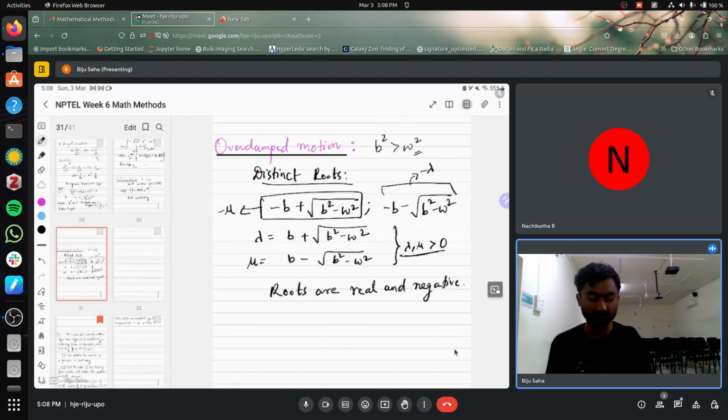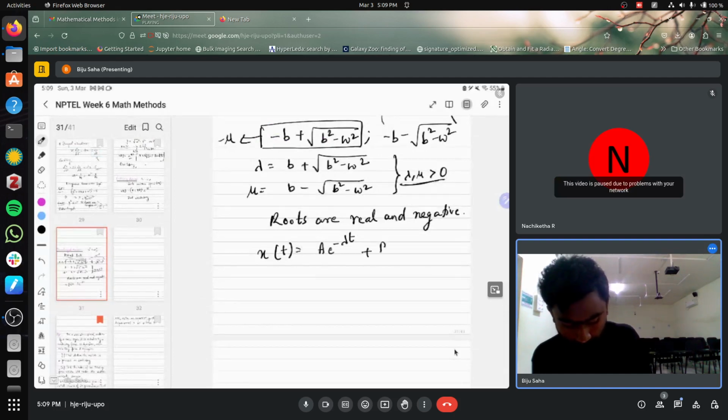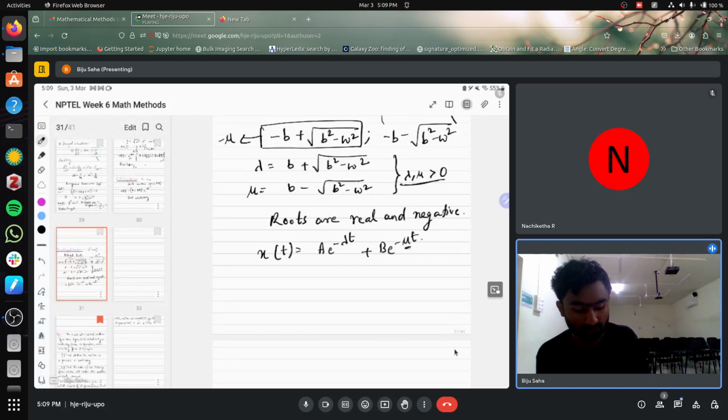That makes it very apparent. So roots are real and negative. So you can write, since your lambda and mu are positive, obviously from this equation you can conclude that this is an exponentially decaying motion.